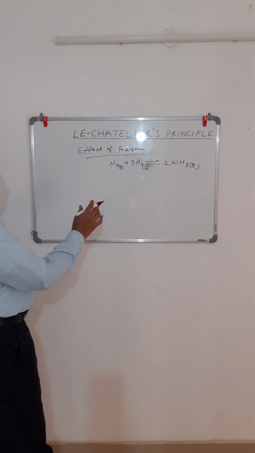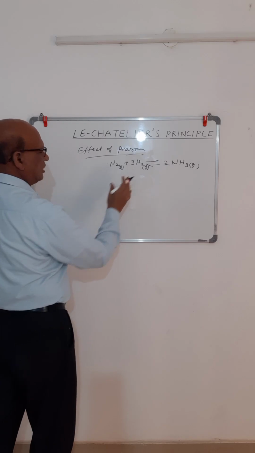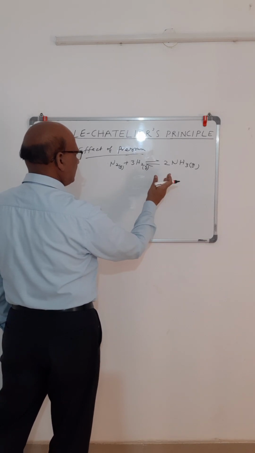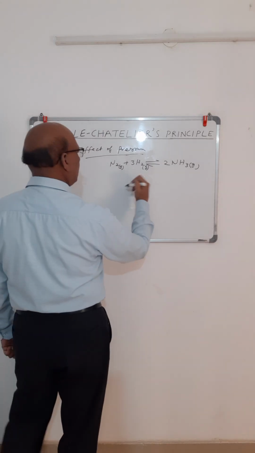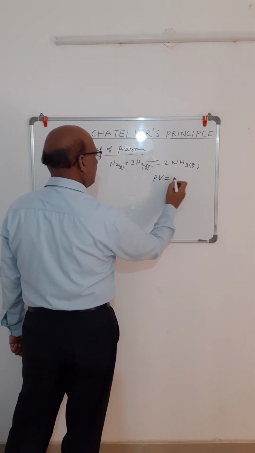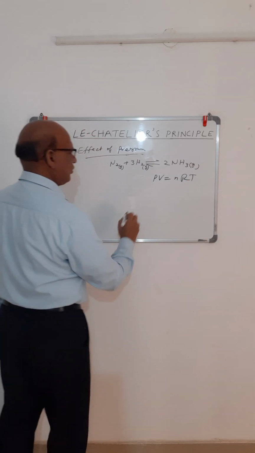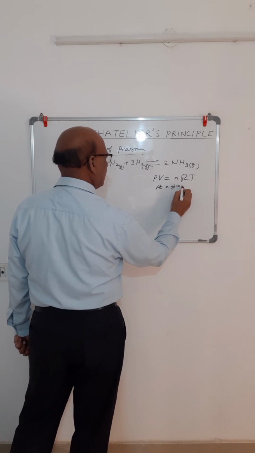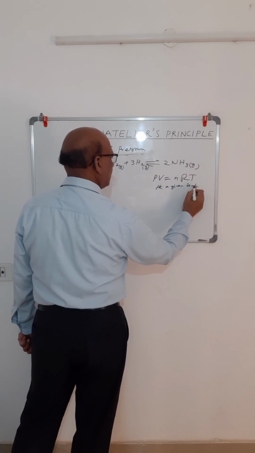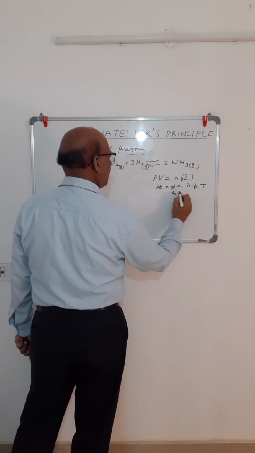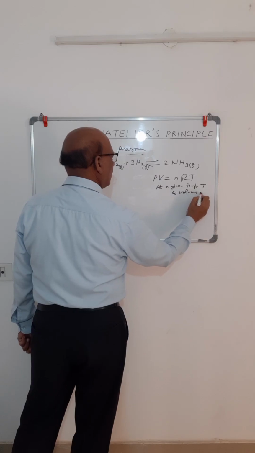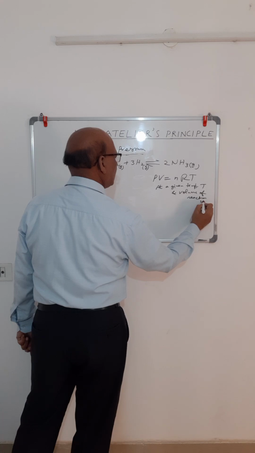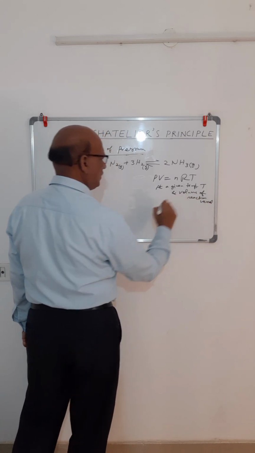Now we know that if we increase the pressure, the equilibrium will shift in the direction that will try to minimize the pressure. We can understand by PV equal to nRT. At a given temperature T and given volume of reaction vessel V is fixed.